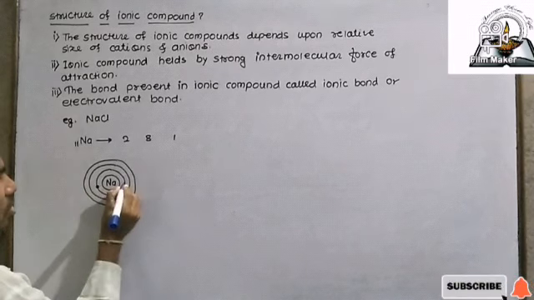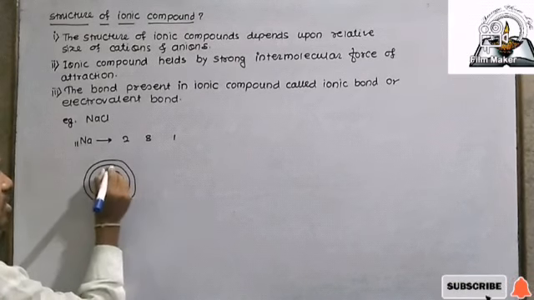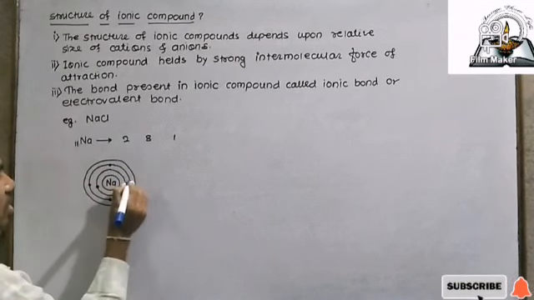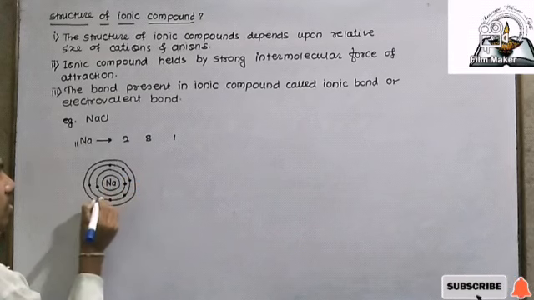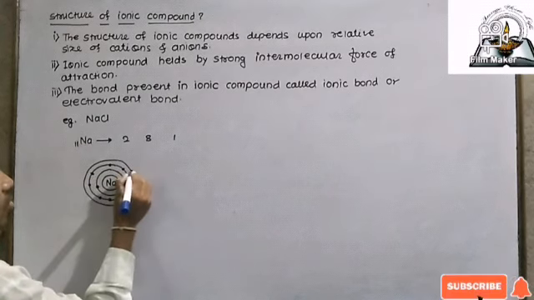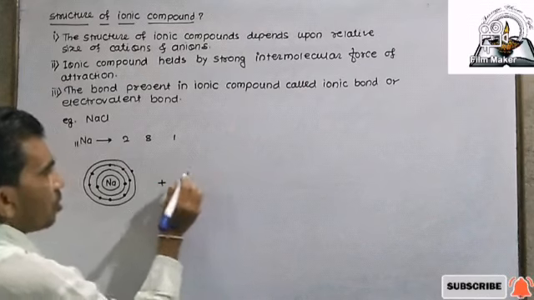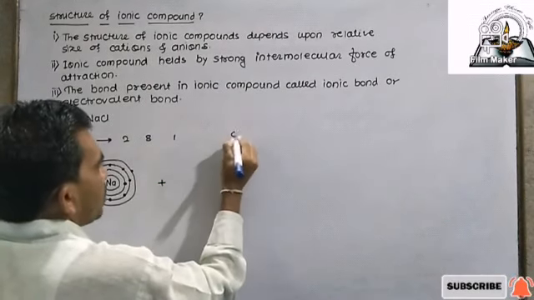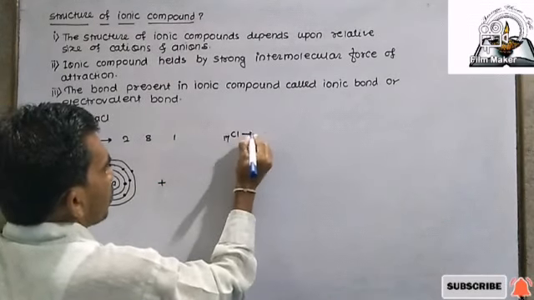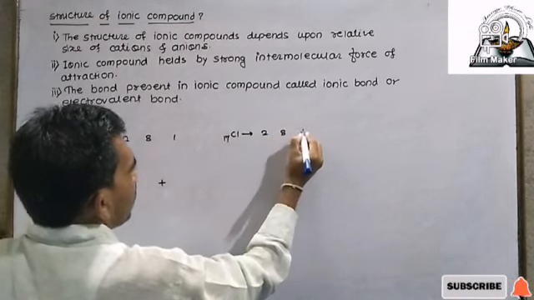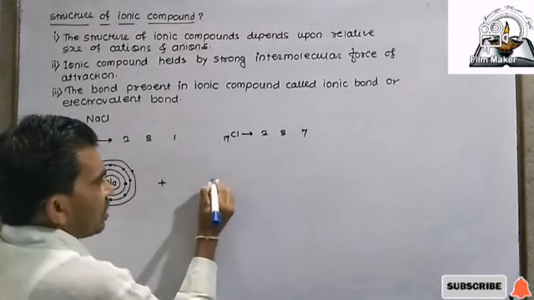So this is the 2 electrons in first cell. Next one the 8 electrons in another cell. Next one 1 electron in the outermost cell. This is the sodium. Next one the chlorine, atomic number chlorine चा 17, electronic configuration 2, 8, 7. So this is Cl.